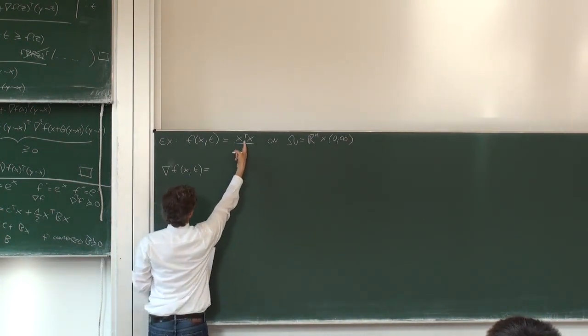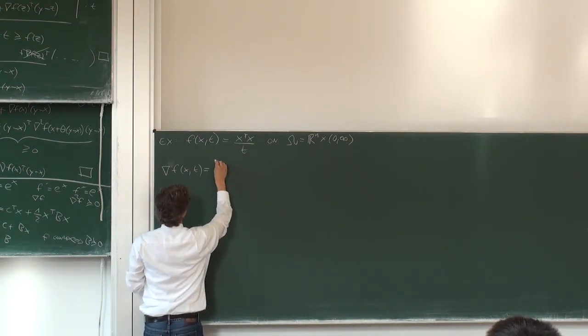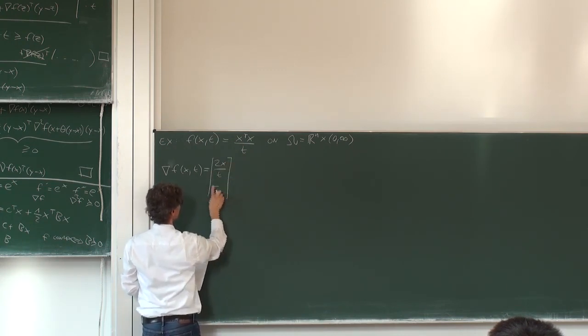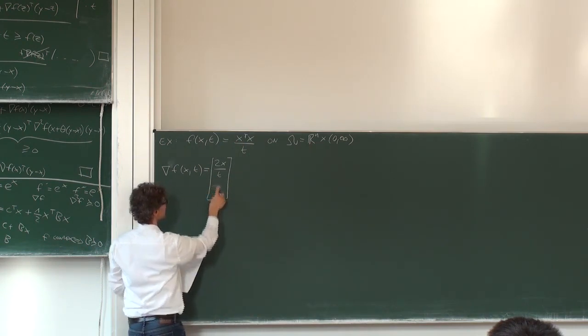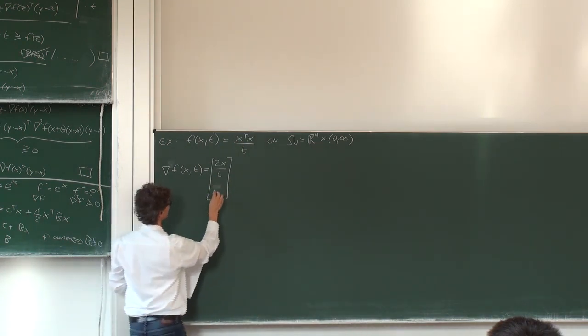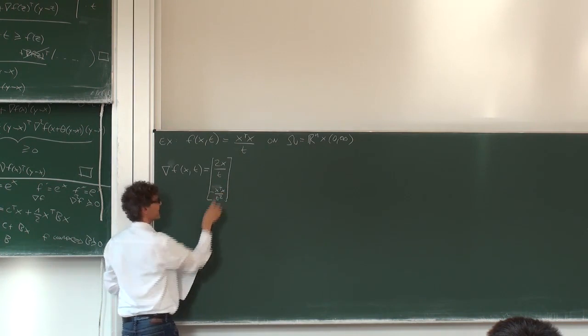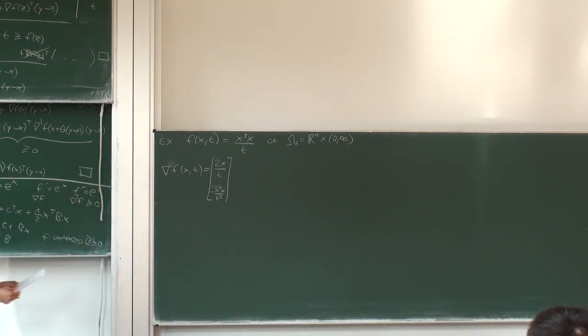So we will first have 2 times x divided by t. That's the first part of the components, the vector part. And then comes the last component, which is minus x transpose x divided by t squared. That is the last partial derivative here.